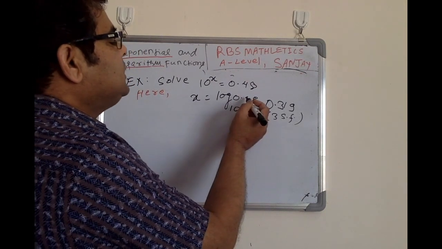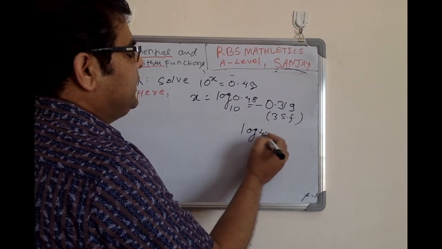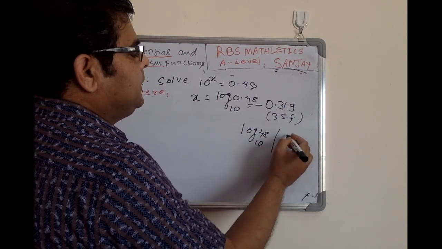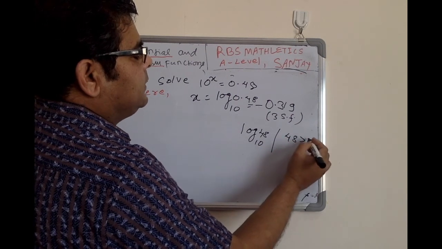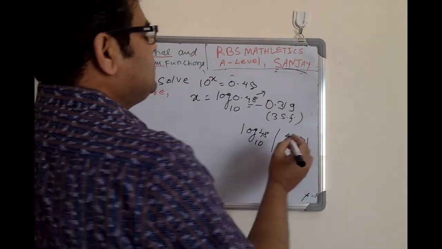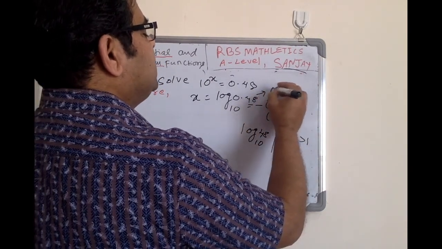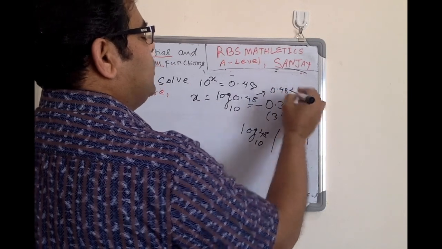What if instead of 0.48 it were log of 48 to base 10? Here 48 is greater than 1, and 0.48 is less than 1.